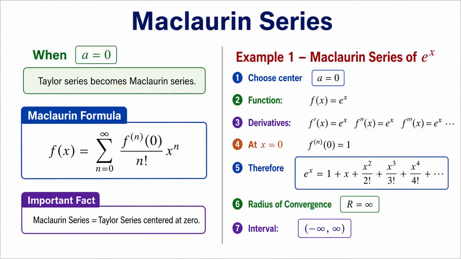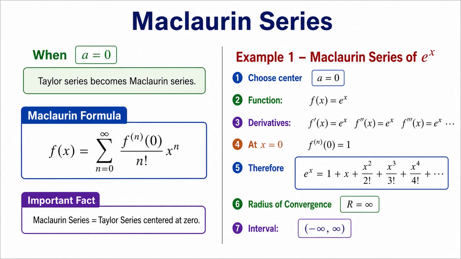The second derivative is again e to the power of x. The third derivative is again e to the power of x. And this pattern continues forever. When we evaluate all derivatives at 0, every derivative has the value 1.